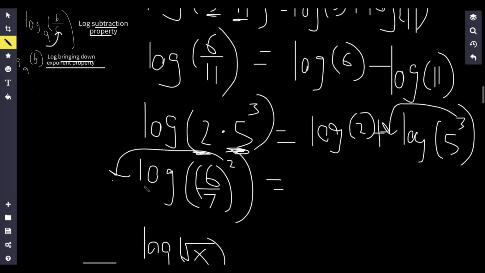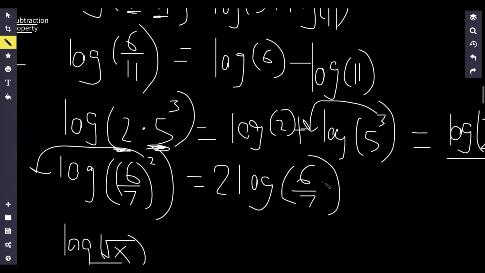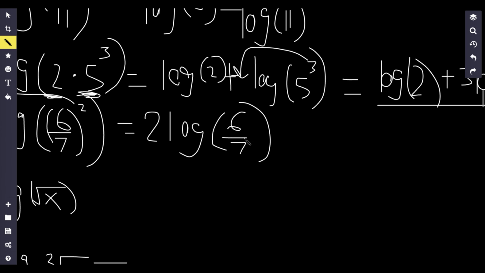I'm just going to drop the exponent down, so I'm going to get 2 log base 10 of 6 over 7. You could have also just squared both things, so you get 36 over 49. Same result.